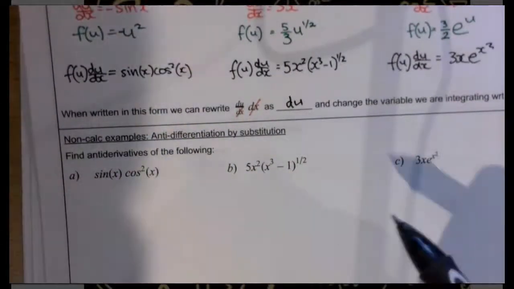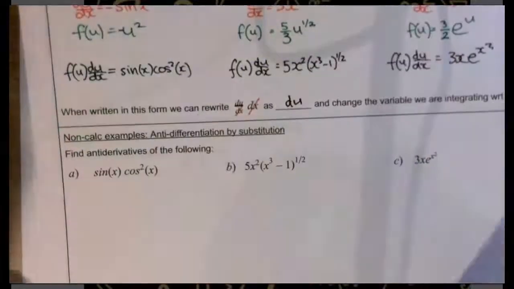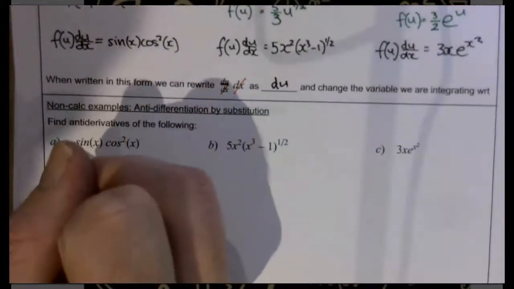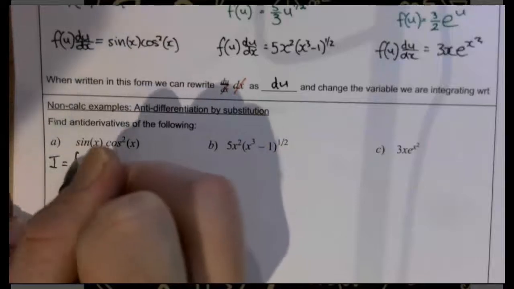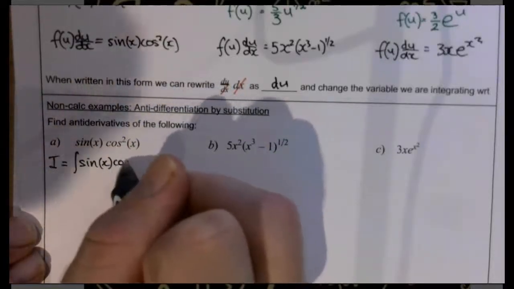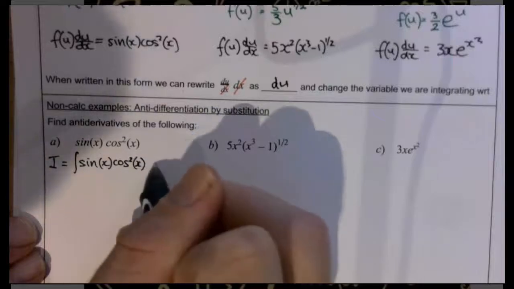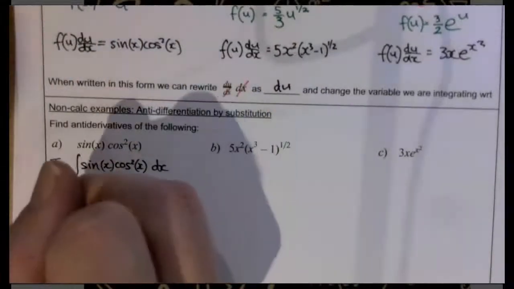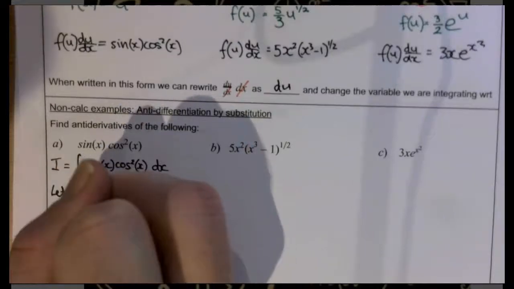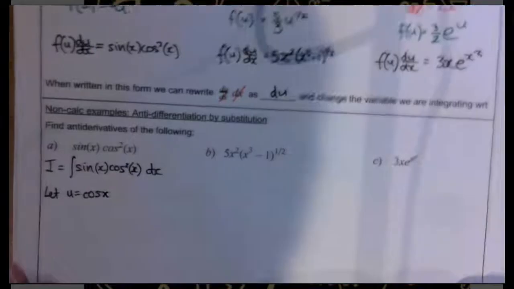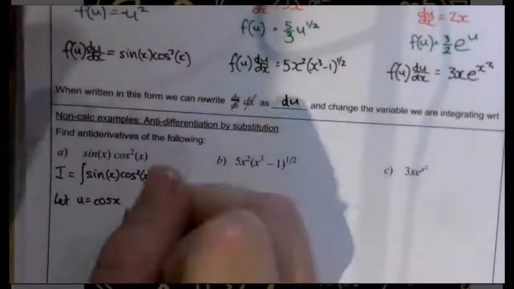So let me show you how that works. Same examples. I'll do the first one and then you can try the others. I define my integral I. Remember, we spoke about this being a good strategy to help you lay out your integration questions. And then we're going to let u be cos x, because we figured out in the first question, up here, that that was going to be our strategy.